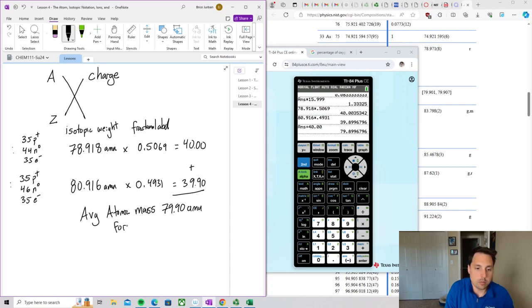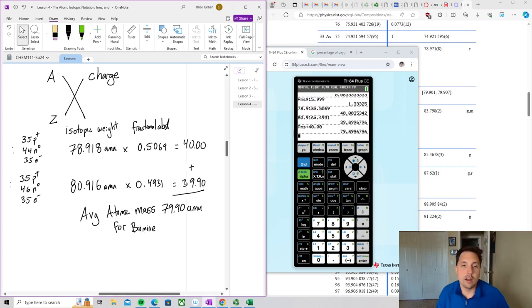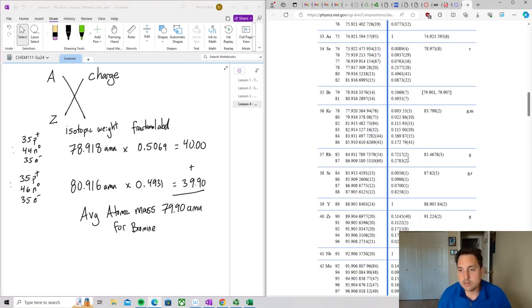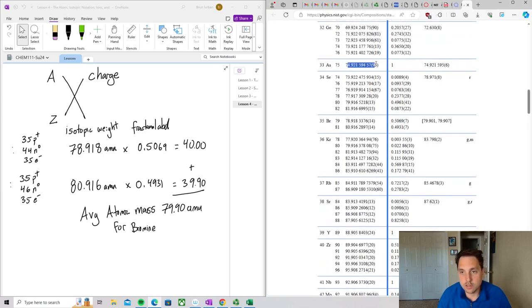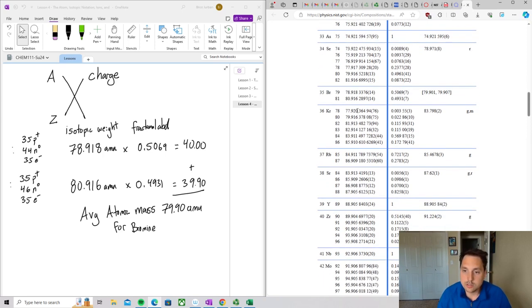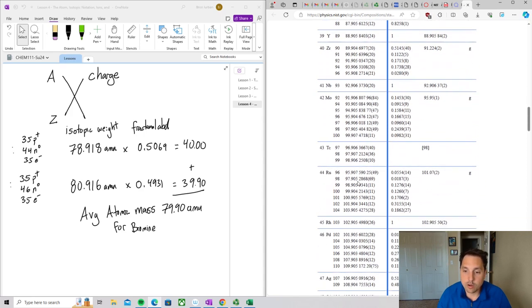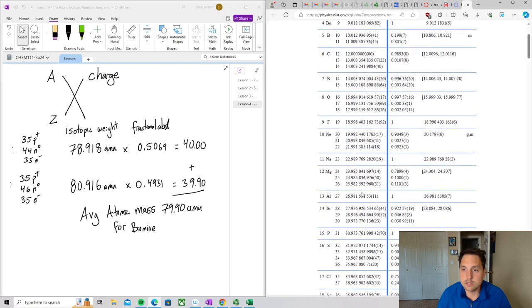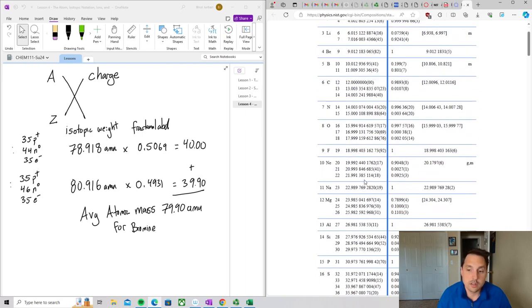for bromine. So you have to do this for all of the major isotopes for a specific element, and generally that ranges from 1 for things like arsenic, where there's only one main isotope, to 2 to, well, here we've got 6. Some of them have quite a few, but it's usually never more than 7.